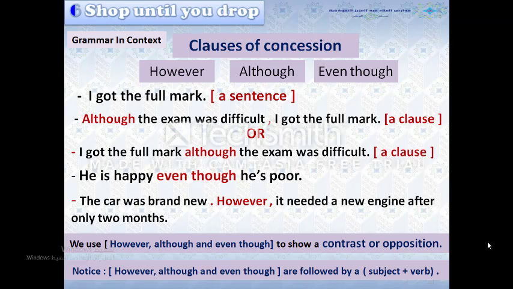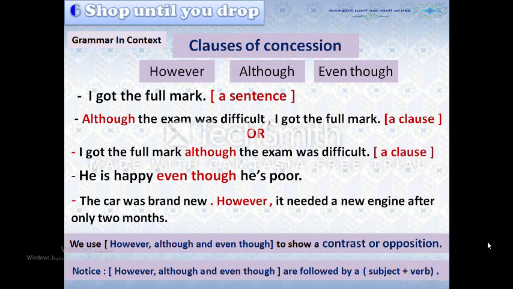This is a complete sentence. It can stand by itself. But this, although the exam was difficult, I got the full mark. This is a clause. It's incomplete to say, although the exam was difficult. You need to finish your sentence.